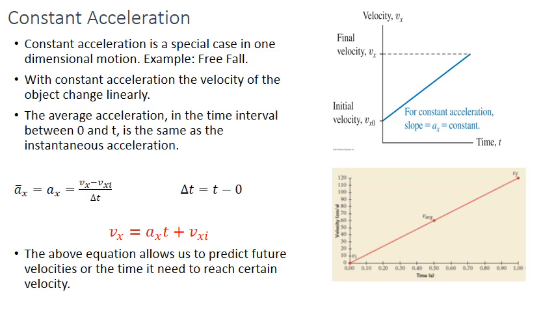So we can replace delta t by t, and then we can write the velocity vx at time t is equal to the acceleration times time plus the initial velocity vx initial. This equation allows us to predict the velocity at any time t, just knowing t, the initial velocity, and the acceleration. This is the first equation of motion with constant acceleration.